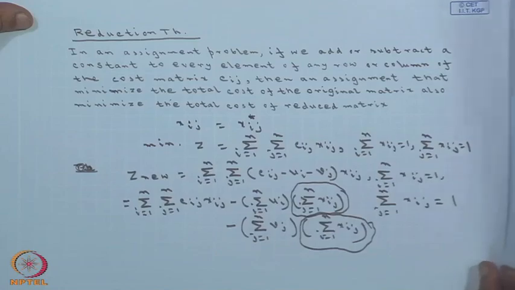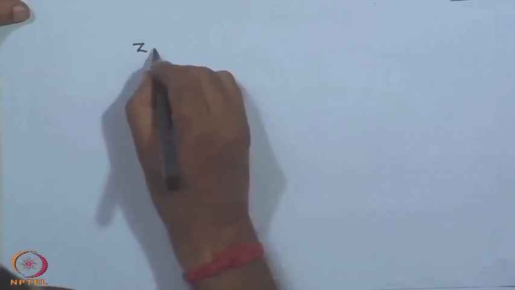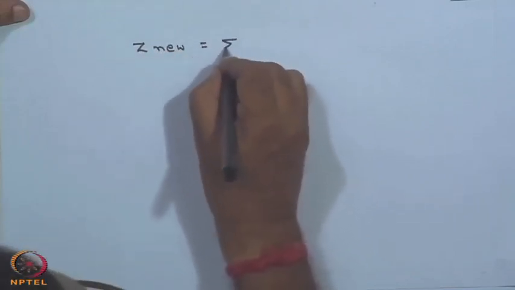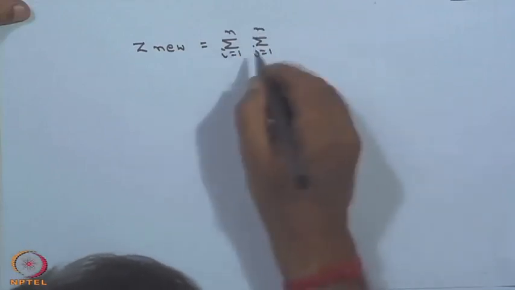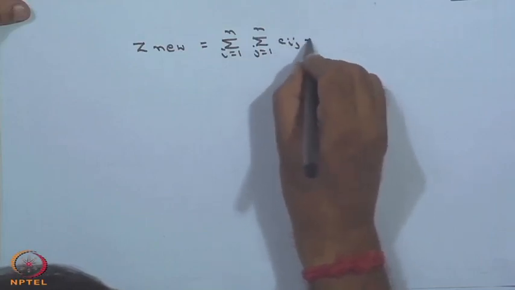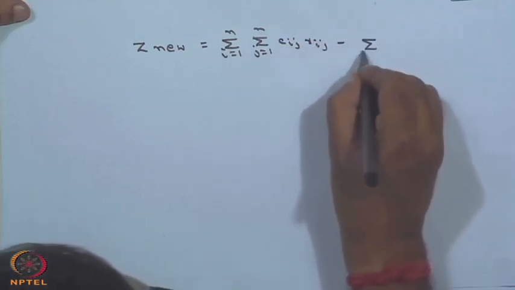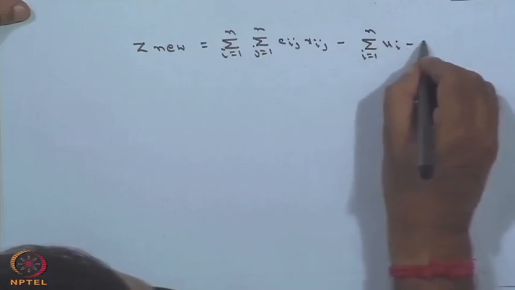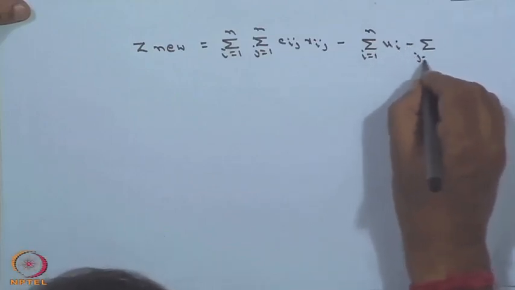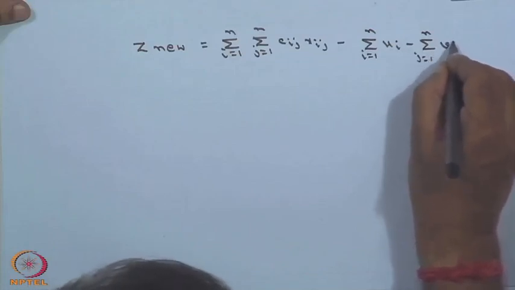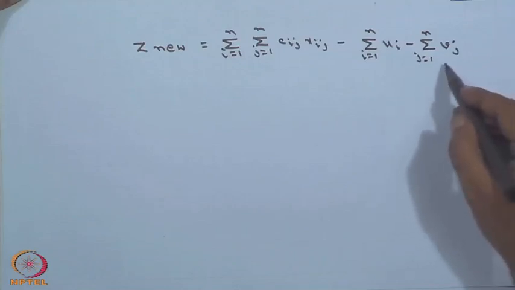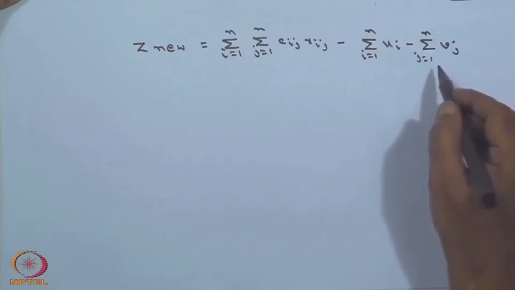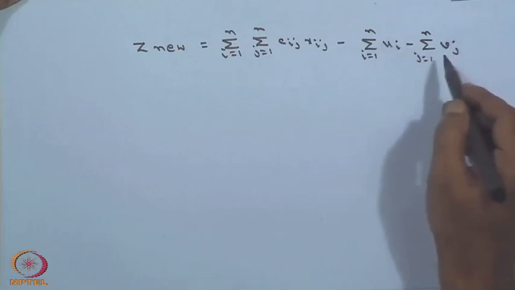So you can write z new equals summation i equals 1 to n, summation j equals 1 to n, C_ij x_ij, minus summation i equals 1 to n u_i, minus summation j equals 1 to n v_j. Now, summation of u_i and summation of v_j are independent of the variable x_ij, because these are some real, constant values.